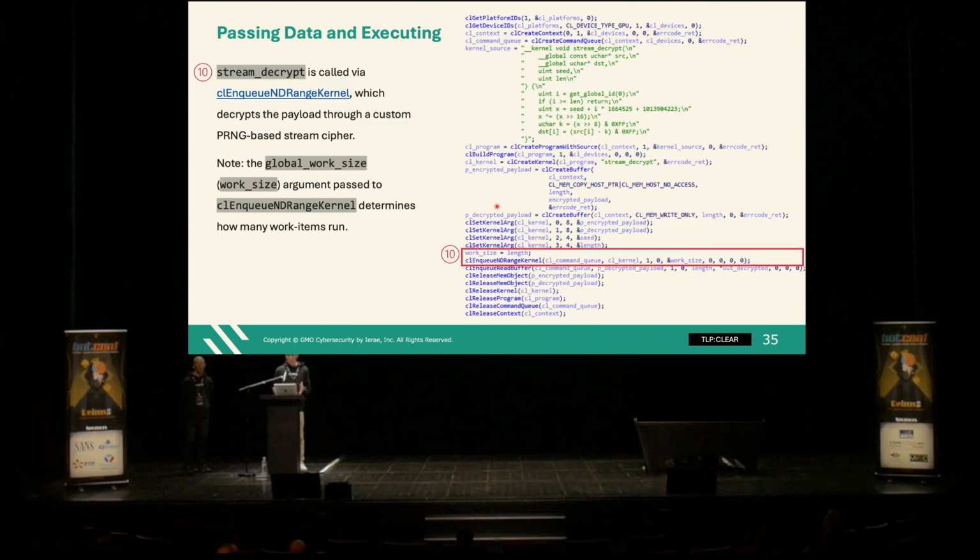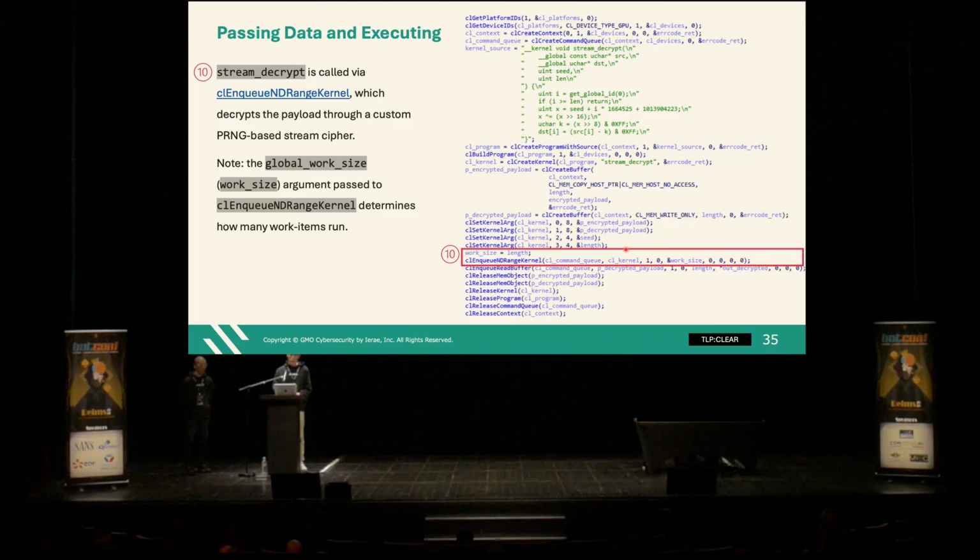Next, stream_decrypt, the actual kernel itself, is invoked through clEnqueueNDRangeKernel, which actually starts the decryption process. It's important to note that in this call, an argument work size is passed to it, and just before that, this is allocated the length of the payload.